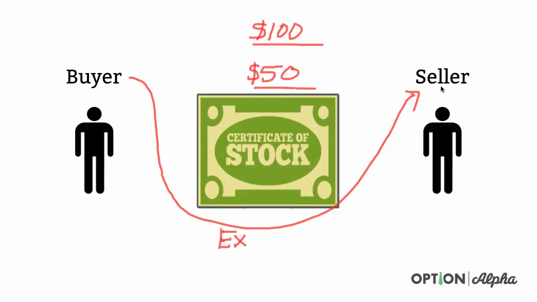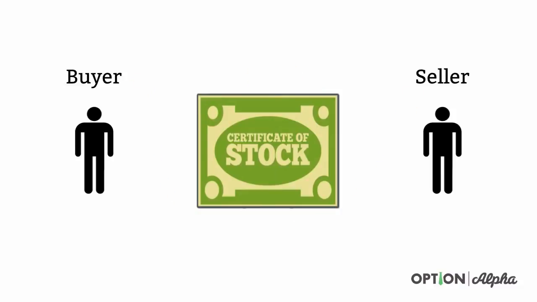On the seller's end, it looks like the option is being assigned, meaning that the contract they initially sent over is now being assigned to the option buyer, so they have to give up their stock and transfer it over to the option buyer for the strike price of $50.